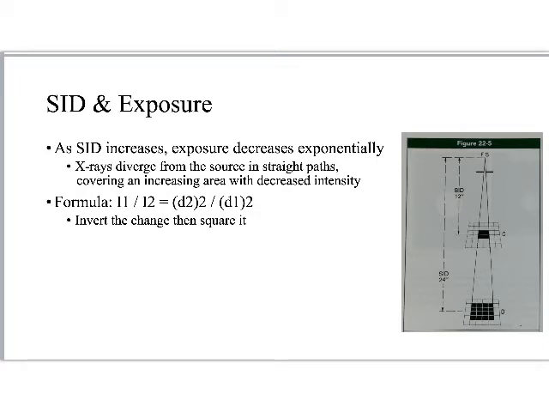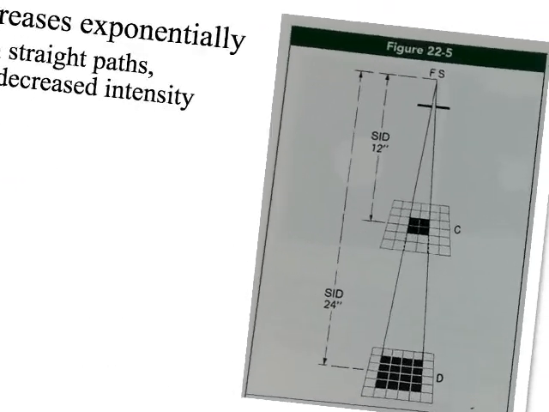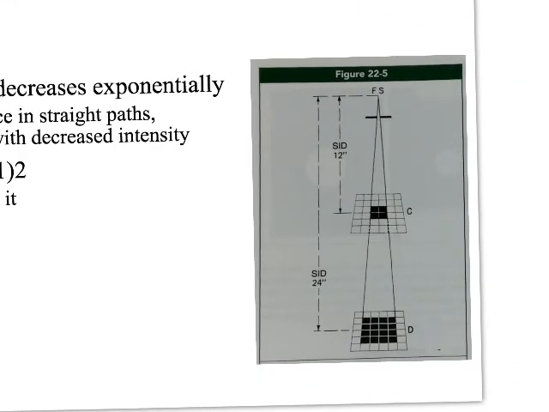If you're a more geometrically minded person, it may help to consider figure 22.5 in our textbook. Not sure what page it's on. 340. Which one? 340, thank you. I like this illustration a lot because it shows a doubling of the SID. At this level, we've got 4 squares where the x-rays or the light are being distributed.